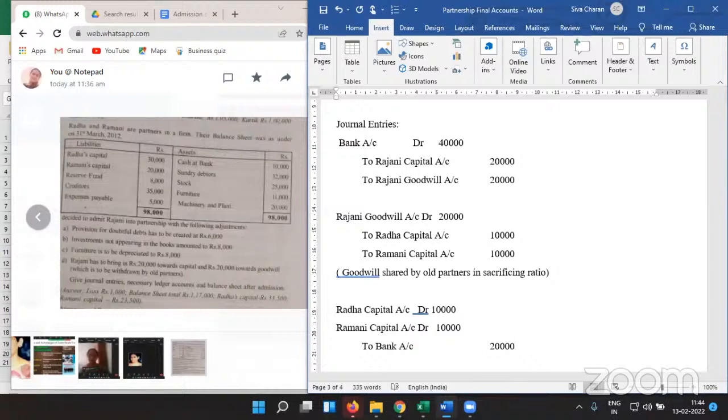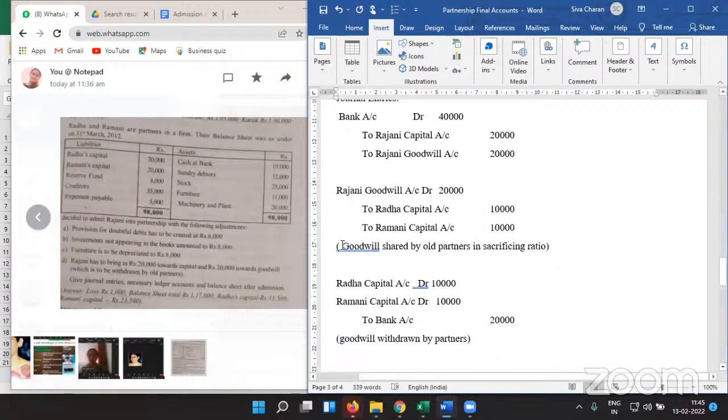Both have withdrawn. Narration: goodwill withdrawn by partners. That's all done.